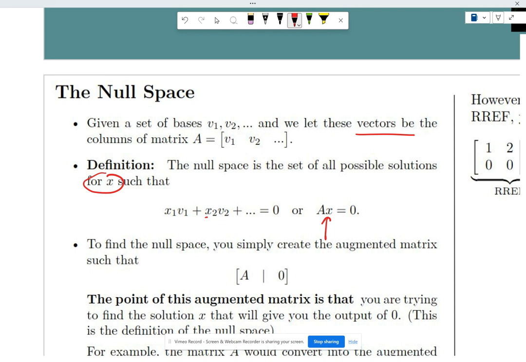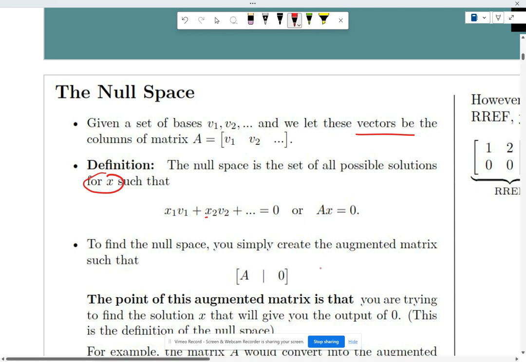Remember, the definition of null space is the set of all possible vectors x such that when you multiply by A, it gives you a 0. That's important because you can view this set of basis functions as a system, and ask whether it is possible to zero it out without resorting to just setting everything to 0.